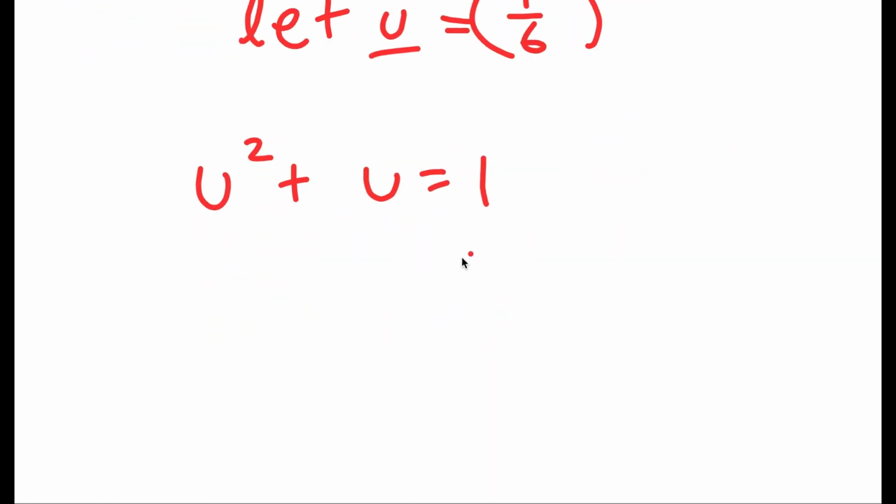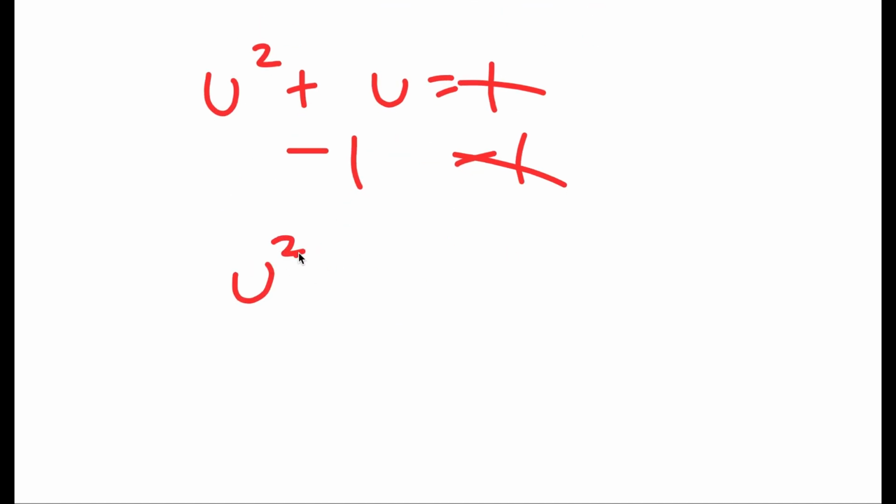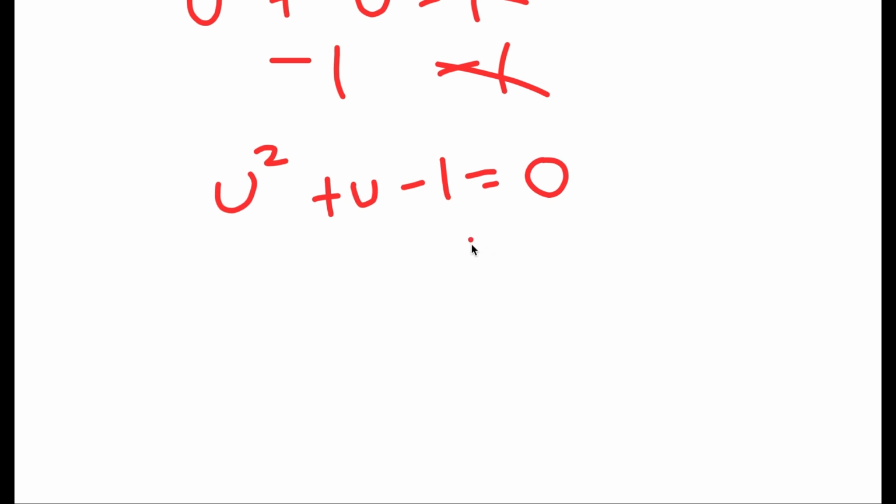And to do that, I'm going to first start by subtracting 1 on both sides. So I get u squared plus u minus 1 equals 0. And this is a quadratic equation. So now to solve this quadratic equation, I'm going to be using the quadratic formula.